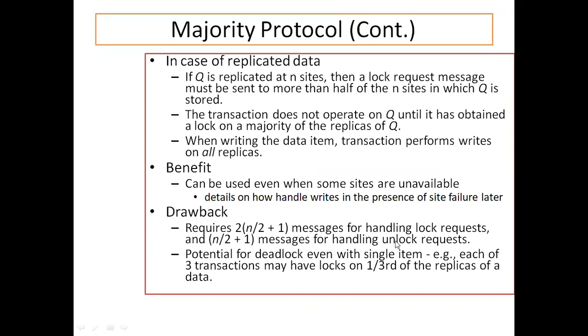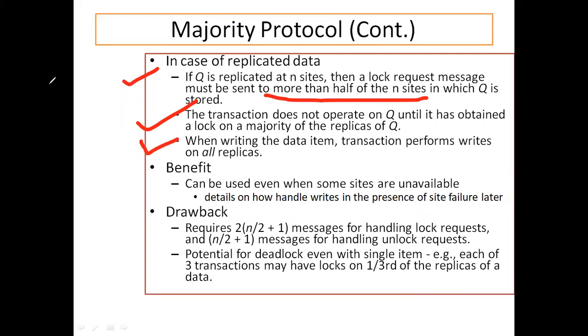Now, in case of replicated data, if Q is replicated at n different sites, then a log request message must be sent to more than half of the n sites in which Q is stored. Remember what I have said: more than half of the n sites where Q is stored. We need to send a message. Then the transaction does not operate on Q until it has obtained a log on a majority of the replicas of Q. When writing the data item, the transaction performs writes on all replicas.